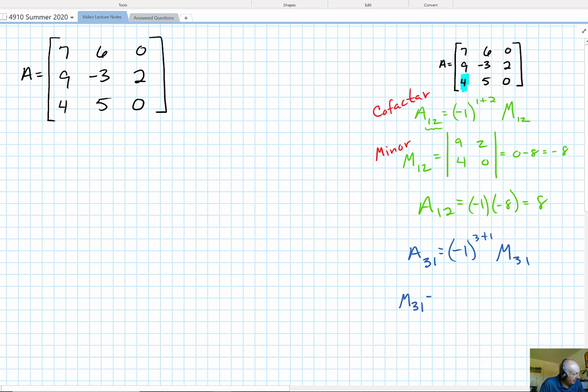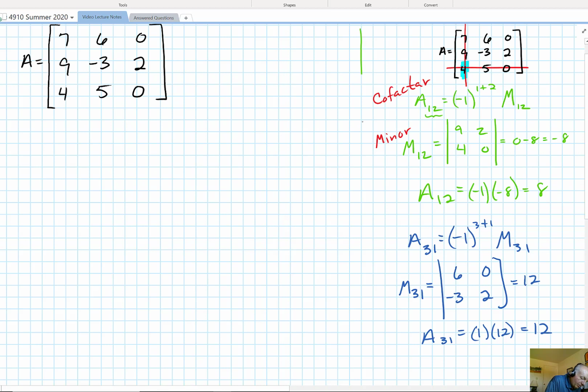The 3, 1 minor is the determinant of, cross out the 3rd row and the 1st column. So this is going to be the determinant of 6, 0, negative 3, 2. And so 12 minus 0 is 12. So the 3, 1 cofactor is 1 times 12, or just 12.